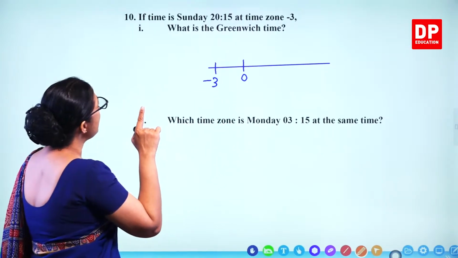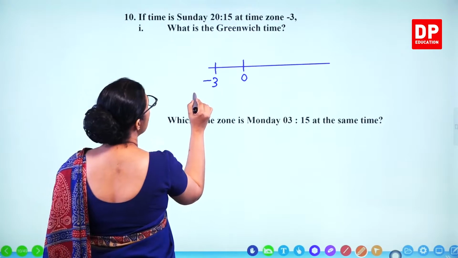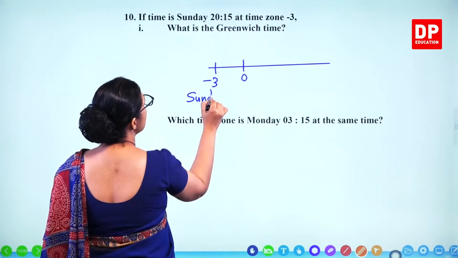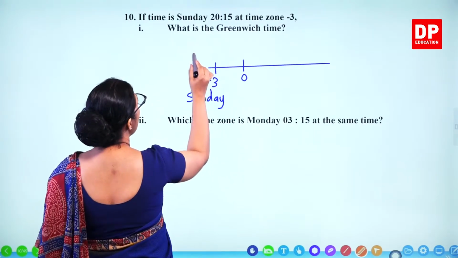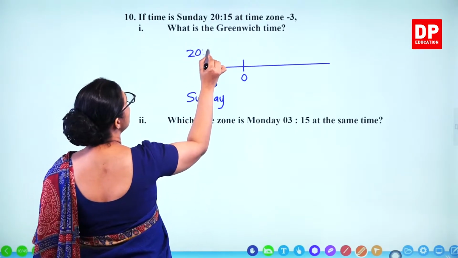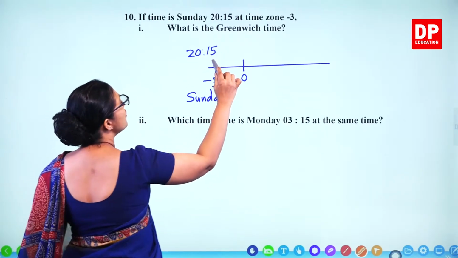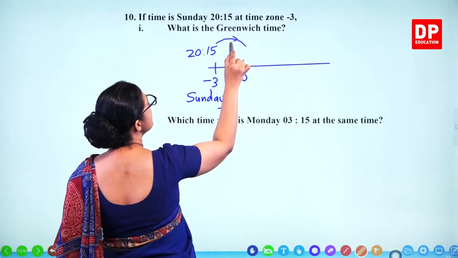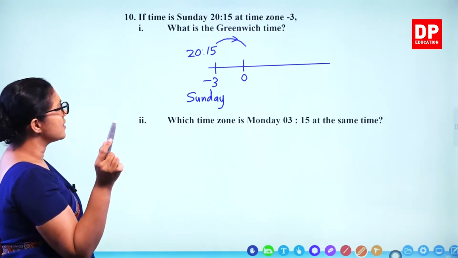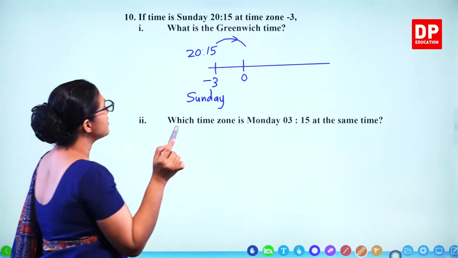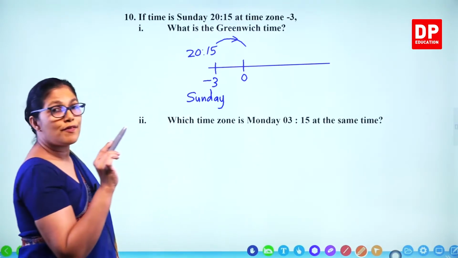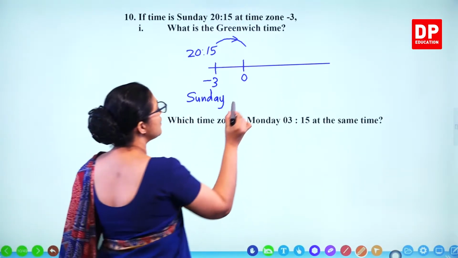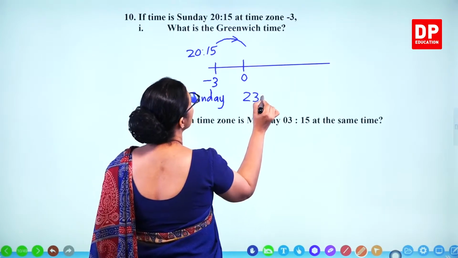So at -3, the day is Sunday, and the time is 20:15. So Greenwich is 3 hours later, so you have to add 3 hours. 20:15 plus 3, 23:15.